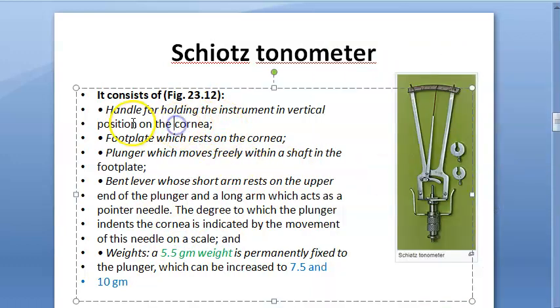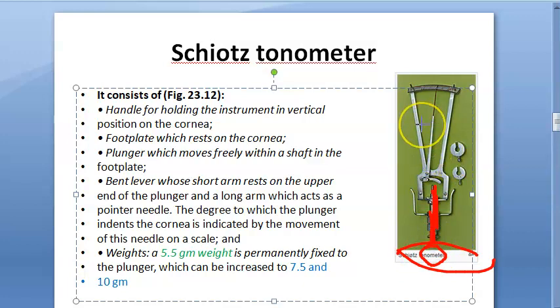Okay. So there will be a handle for holding the instrument. See, this part will touch the eye, okay? So you will have a handle to hold the instrument in vertical position. Footplate rests on the cornea. Plunger which will move freely within a shaft in the footplate.